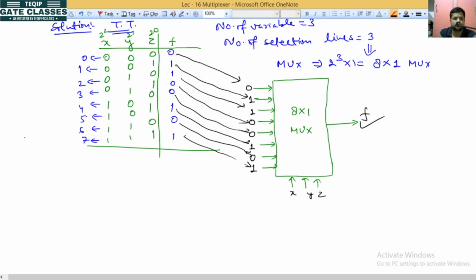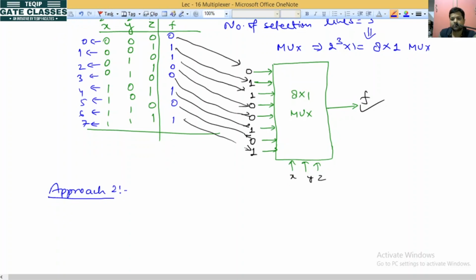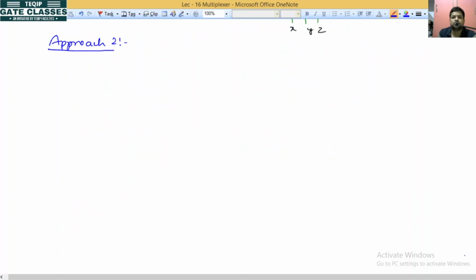Now approach 2. If we talk about approach 2, it tells that if you want to implement an n variable function, then you can implement it by using a lesser size mux also.